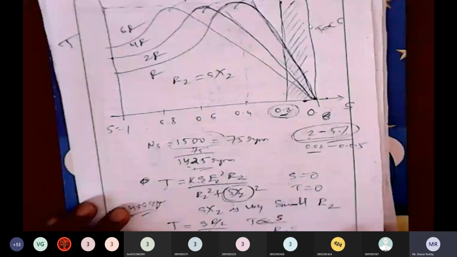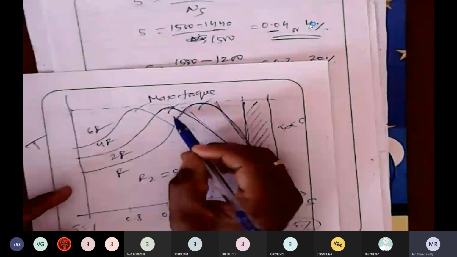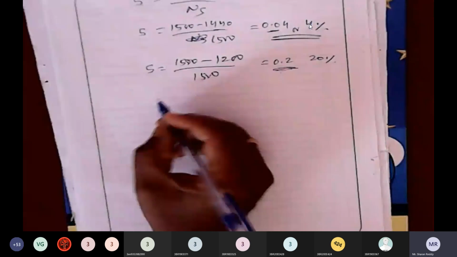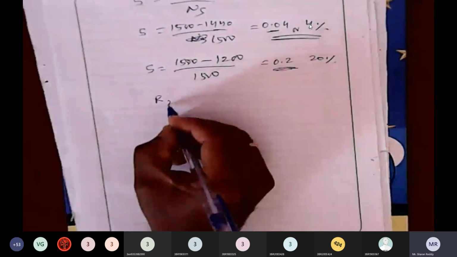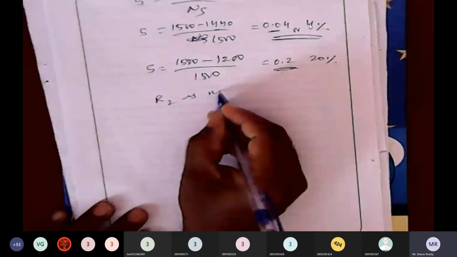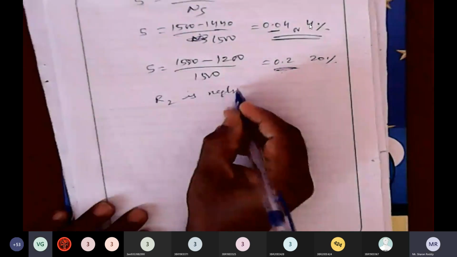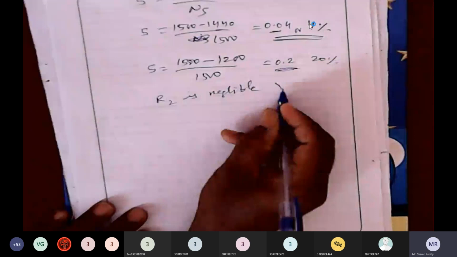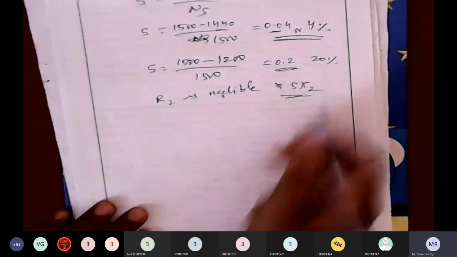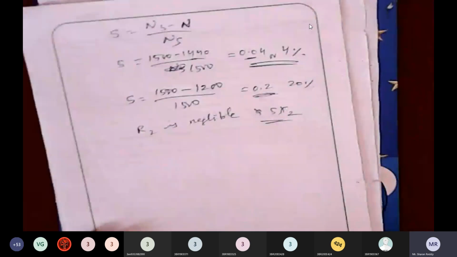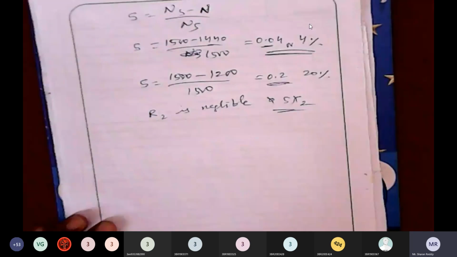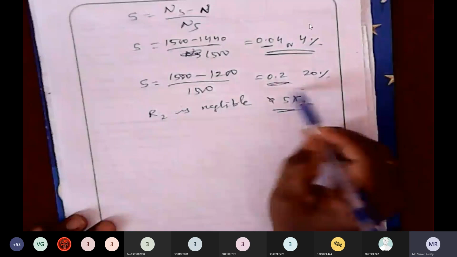When the slip increases, after Tmax, after the maximum torque, R2 is negligible compared to Sx2. In the first phase, Sx2 is negligible; for normal operating conditions Sx2 is neglected and R2 is considered.